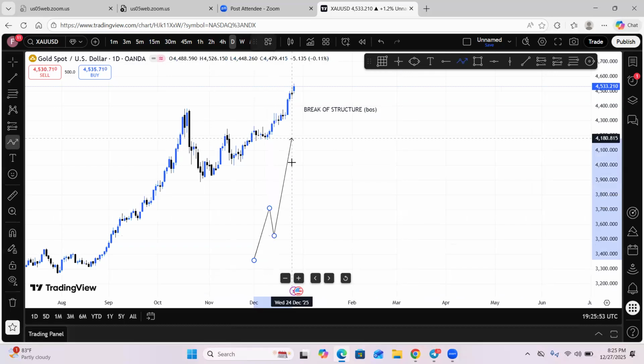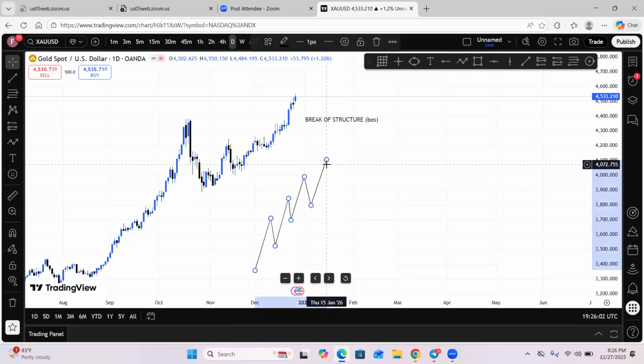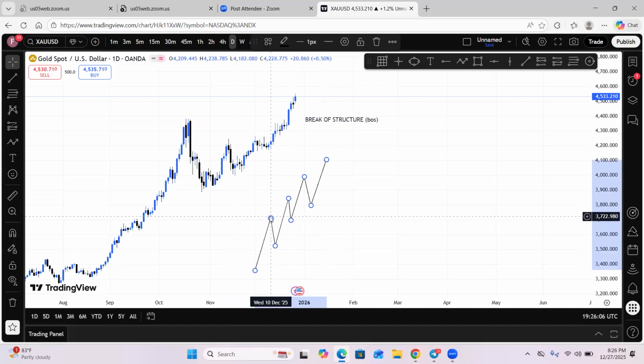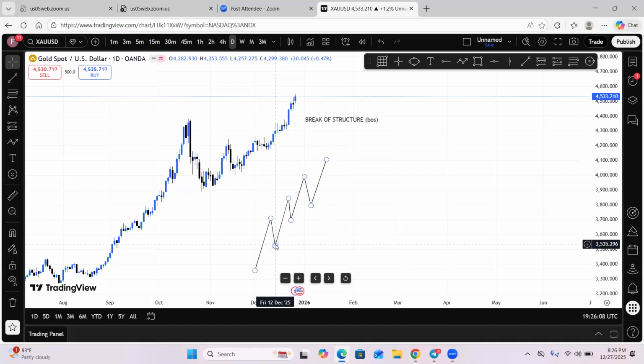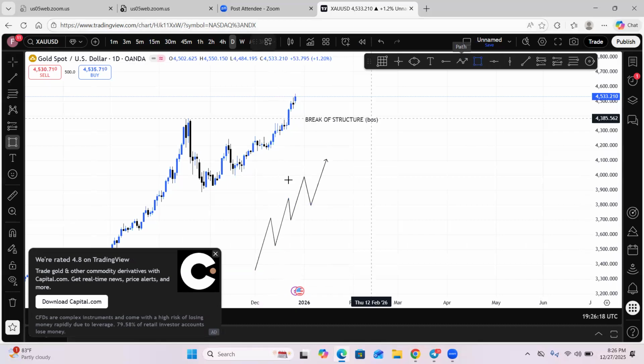It's creating higher highs, higher lows, higher highs, higher lows. From here, it created a higher high, then it retraced down, giving us a higher low. Then it cleared this level. Let me use a rectangle now.